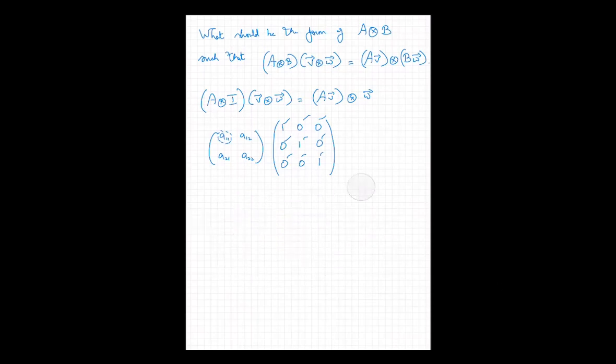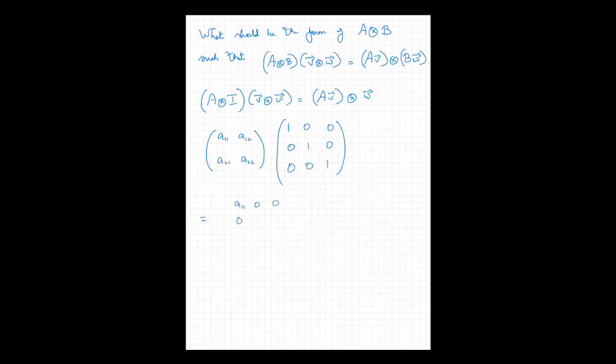So enough talking, let me actually do this. A11, A12, A21, A22 acting on 1, 0, 0, 0, 1, 0, 0, 0, 1. The first 3 by 3 block is A11 acting on all these: A11, 0, 0, 0, A11, 0, 0, 0, A11. The second block would be A12 acting on every single one: A12, 0, 0.